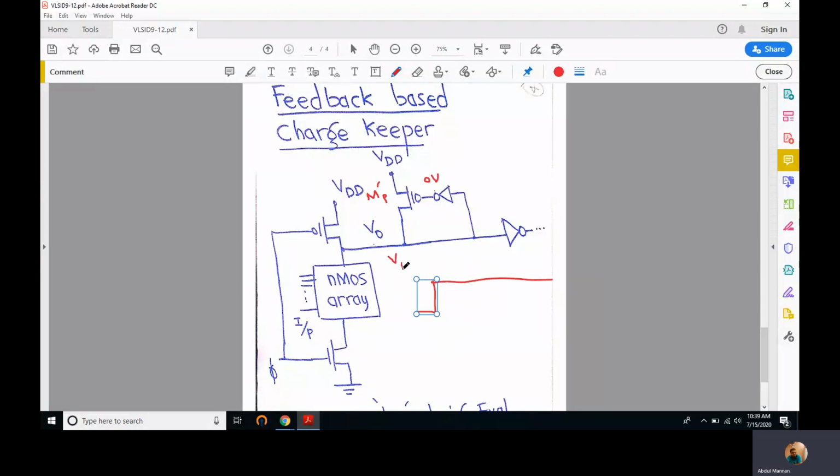So even if the voltage is a bit smaller than VDD due to discharge, maybe if VDD is 5 volts and it drops down to maybe 4.8 volts, even then if we apply this voltage here, we get 0 volts here, and then it is replaced with VDD once again. So through this feedback path, we are continuously getting this VDD here.